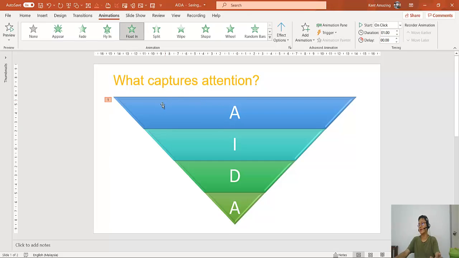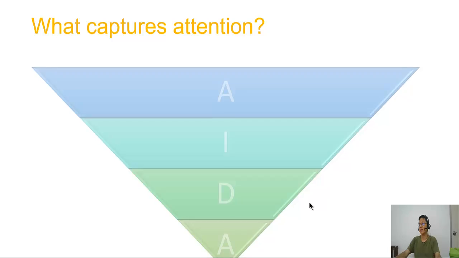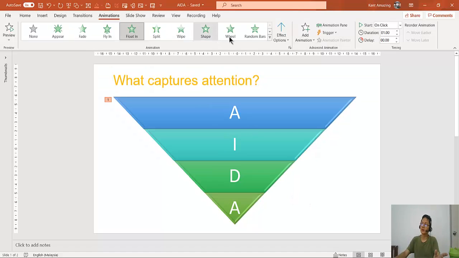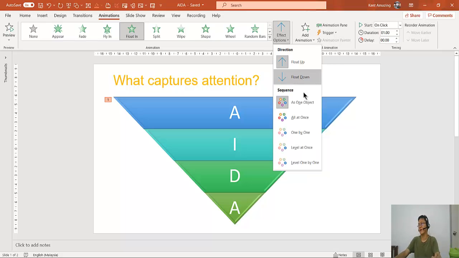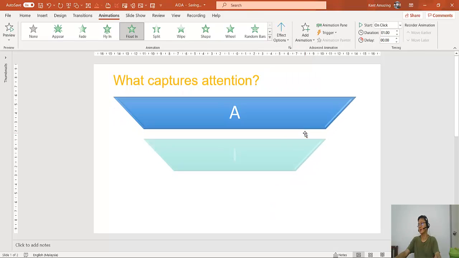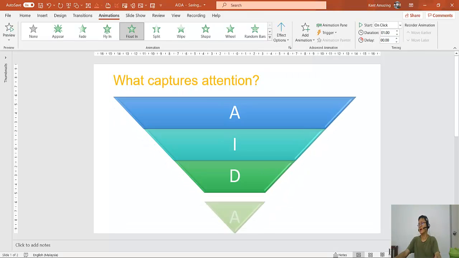It's just that now it shows everything in one go, you can see that. So that also defeats the purpose of creating attention. So we go to effect options. You can go for one by one. Now this is controlled by on click.